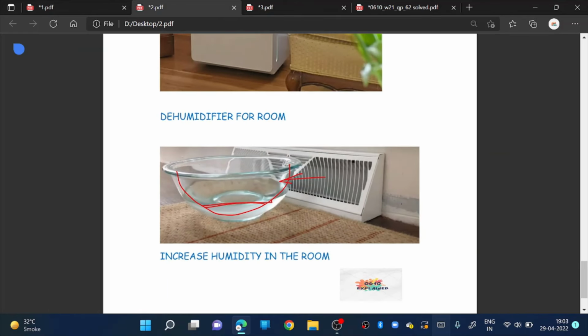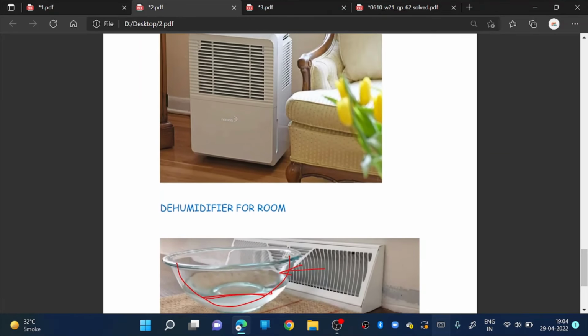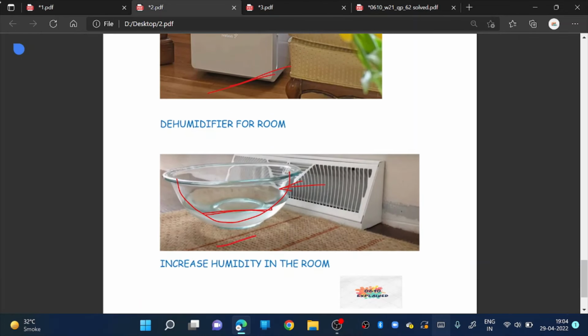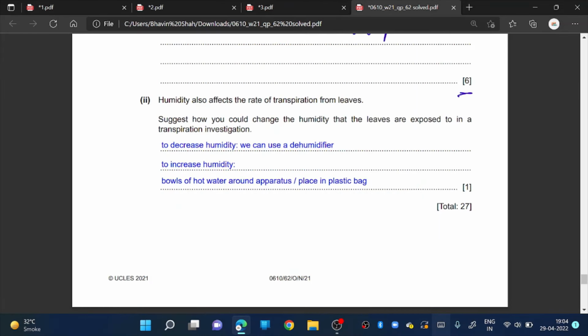So these are the two methods which you could use for this question. This is dehumidifier again, and this is the way to increase the humidity. So to decrease the humidity, we could use a dehumidifier, and to increase the humidity, we could use a bowl of water around the apparatus or place a plastic bag on the plant.